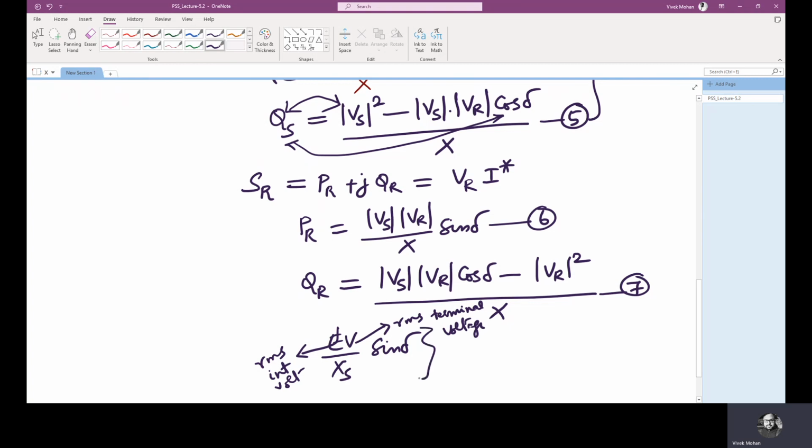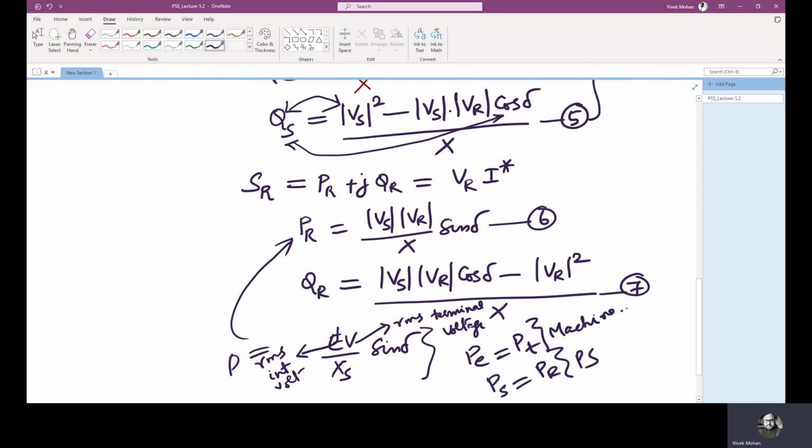Instead of this, we now obtained PR, which is equal to PS. So if it is a lossless machine, that is, if only the synchronous reactance is there and we are not considering resistance, then active power is also the same, PE equals PT. Similar to that, here PS equals PR in the power system. This is in the machine. Okay, so that's all with the active and reactive power flows in power systems.